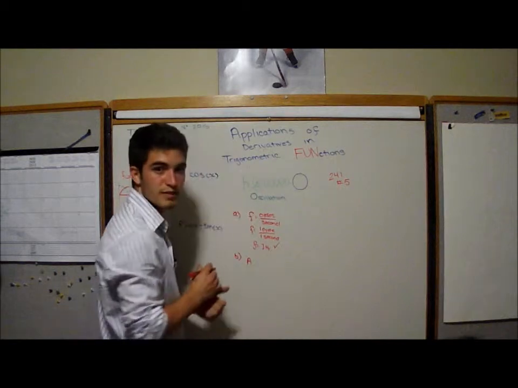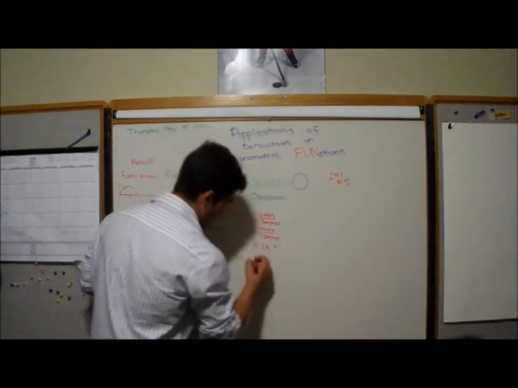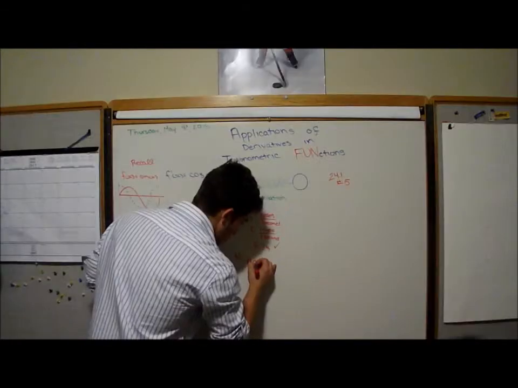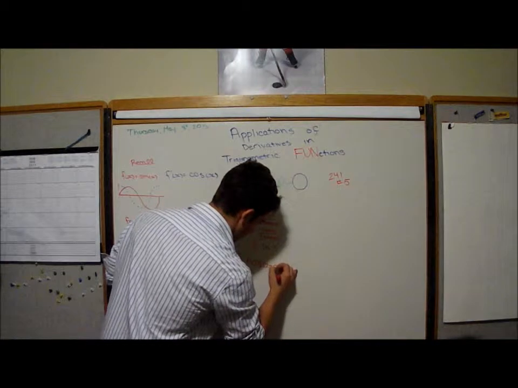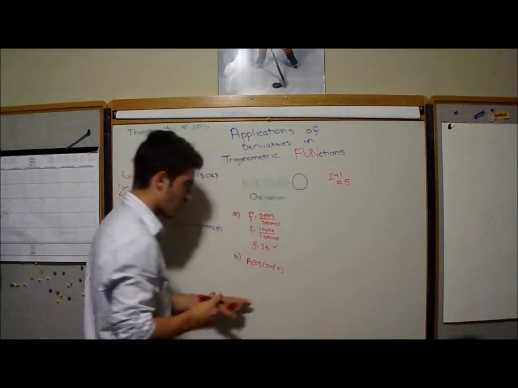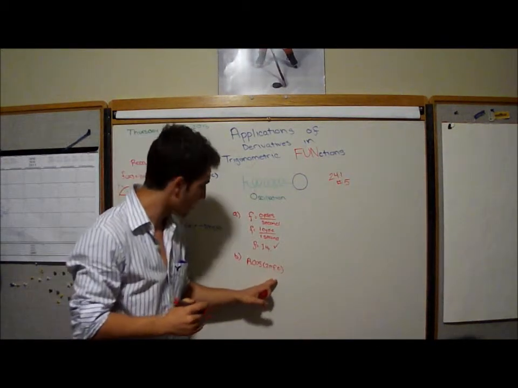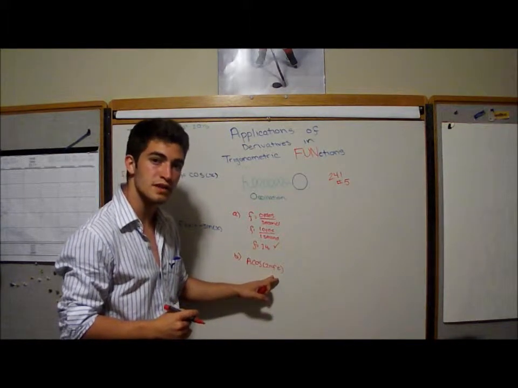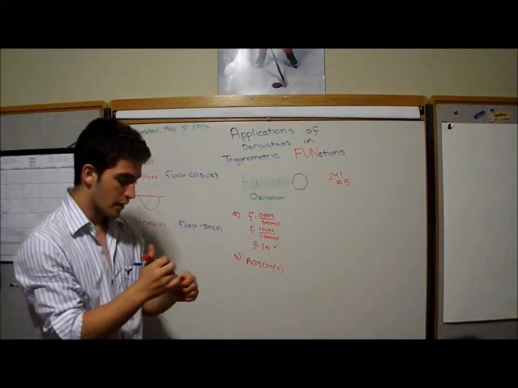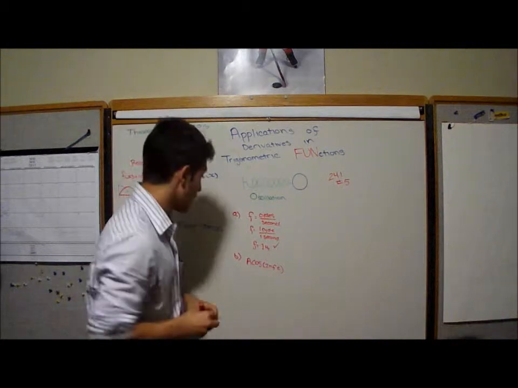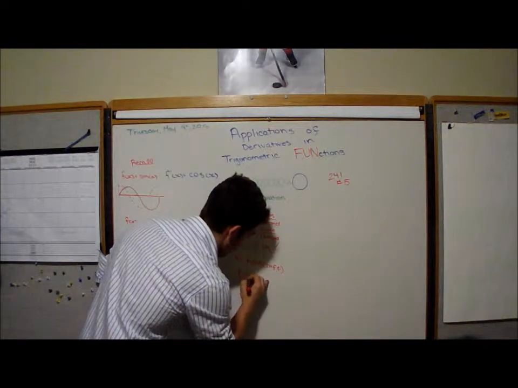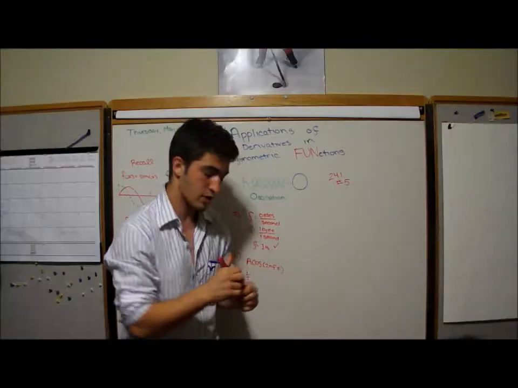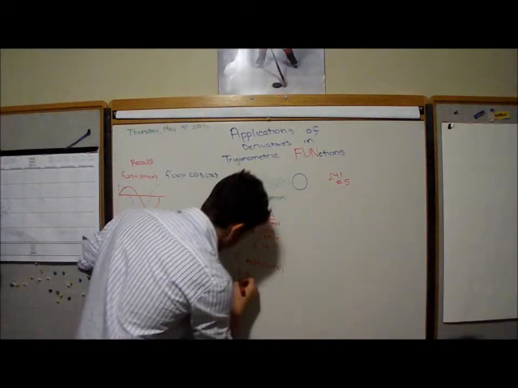A, the maximum displacement from the center in centimeters, cos, the function, 2 pi f t. What is 2 pi f? We have never seen this before. Okay? But for those physics students out there, f, as we know, is equal to 1 over t, or the period.